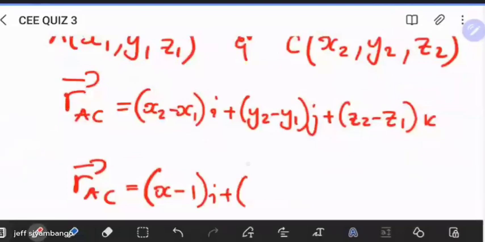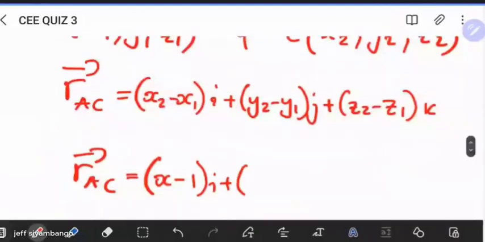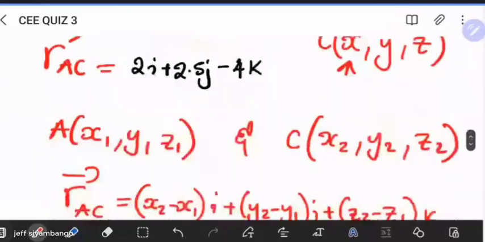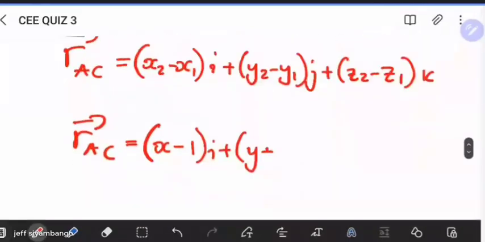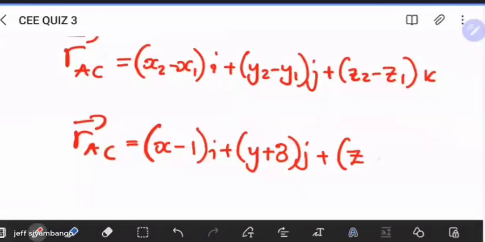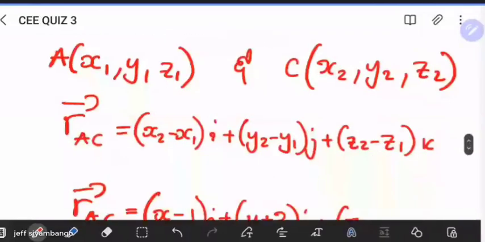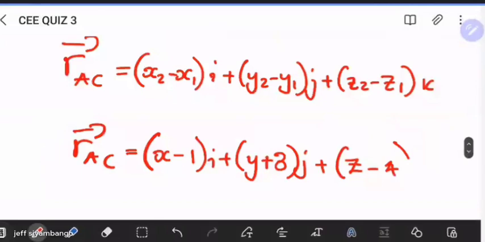Plus, again, final at C, y minus initial at A, this one is -3, so that negative with this negative makes a plus. In the same way, z final at C minus z initial at A, that's a 4, so you have z minus 4, and then this is K.